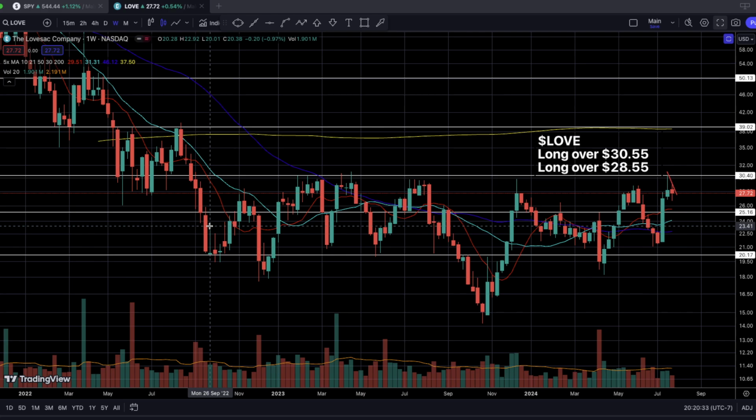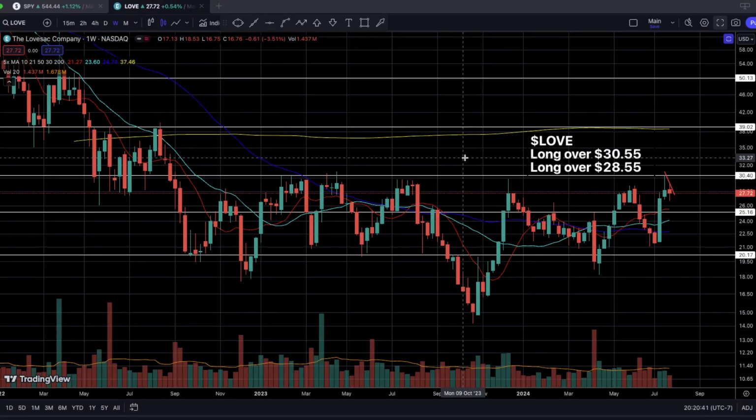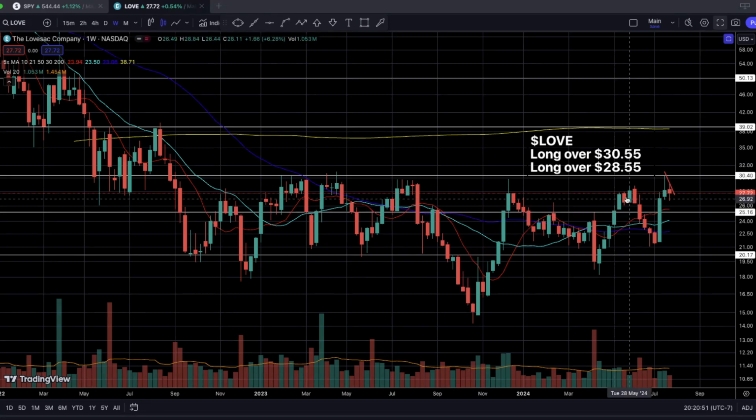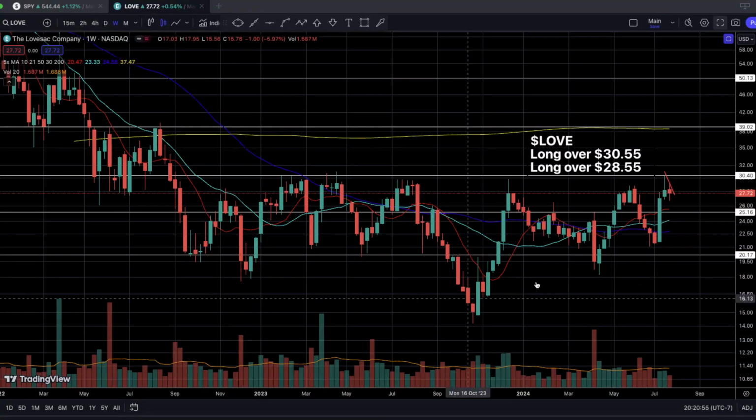And because of this very long base, this is also called an accumulation phase. And for all the people who know what stage analysis is, Love has now transferred from a stage 1 to stage 2 stock as it tries to break out from this very nice, almost 2-year long macro base chart pattern.